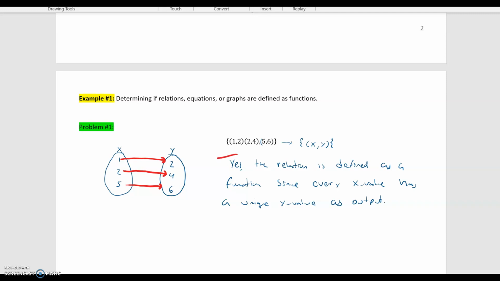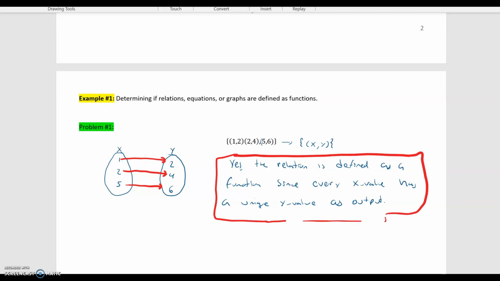Remember what I mentioned, there is an equation that when you plug in the x's will give us the y's. In this case, the equation is not given, but x gives you y, x gives you y, x gives you y. And in this case, every x has a unique y value.